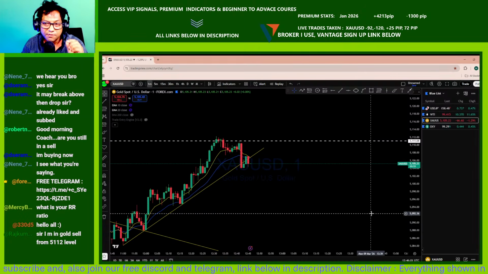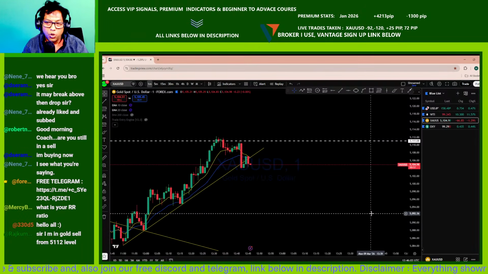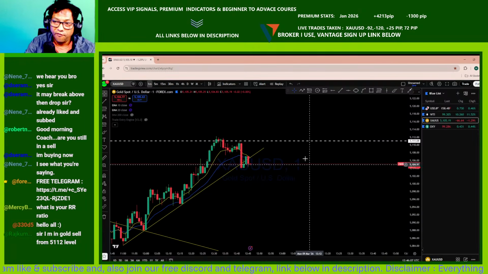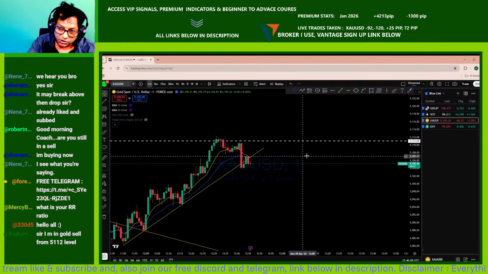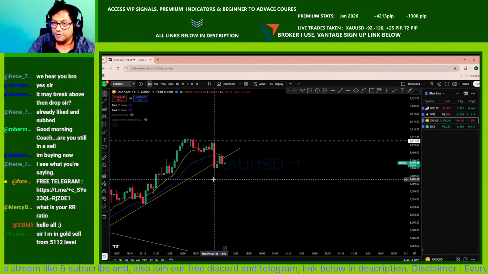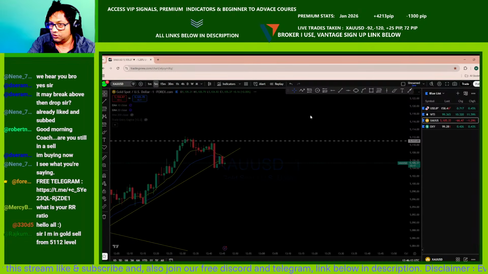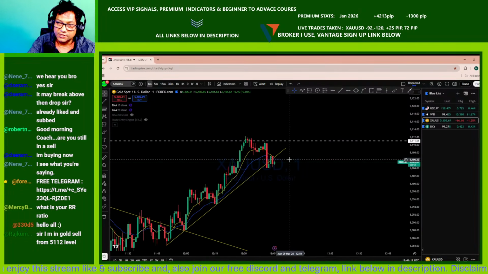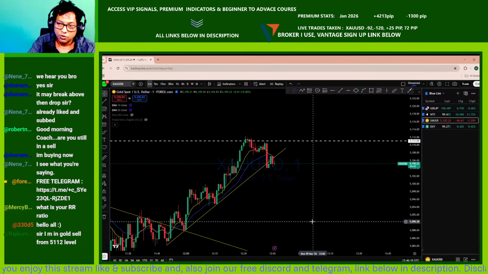Now, if this is a break of the uptrend line, why shouldn't we enter? The only reason is that you need to see a stronger false breakout for this new downtrend confirmation. It still can continue to rise. That's why we are not on the trade. But once we see the market has entirely broken the trend line and then drops, we are on the trade.